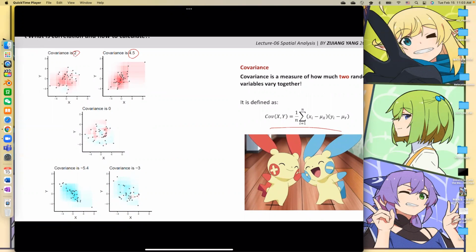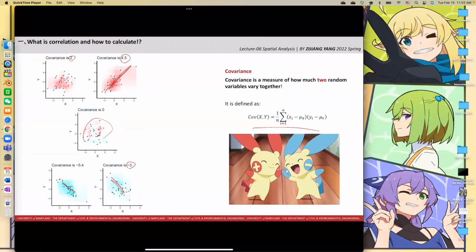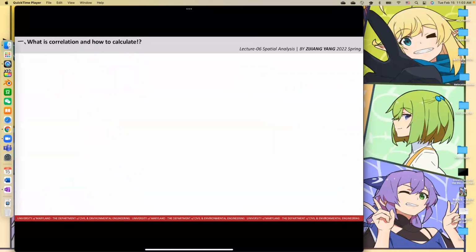For example, for this data, they are positively correlated, and the covariance is positive and relatively large. For this one, it is 0. For this data set, they are negatively correlated, and the covariance is negative, and same for this one. So again, covariance is a measure of how two variables vary together.